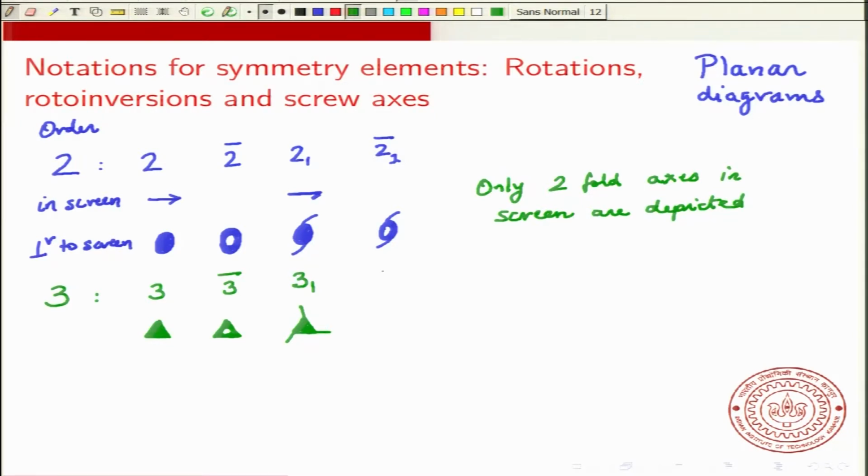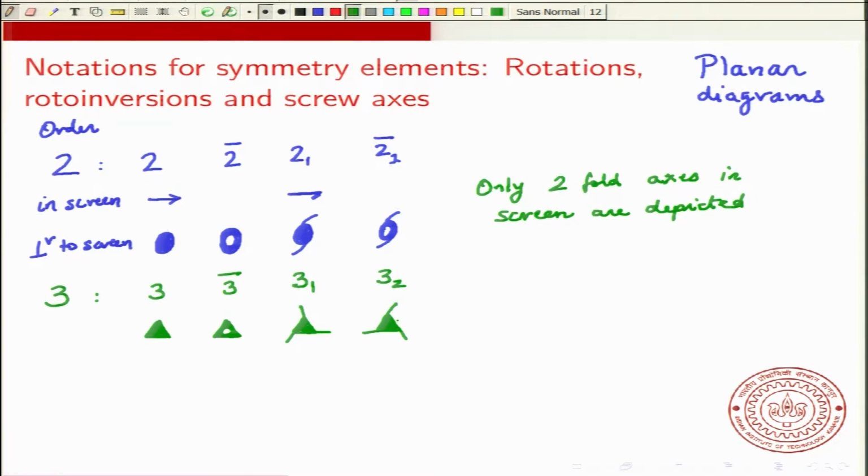If you have a 3 sub 2, 3 sub 2 is like rotation by minus 60 degrees and translation by 1/3, or you can say rotation by 60 degrees and translation by 2/3, and this will show it. It's just that the lines are in the opposite sense.